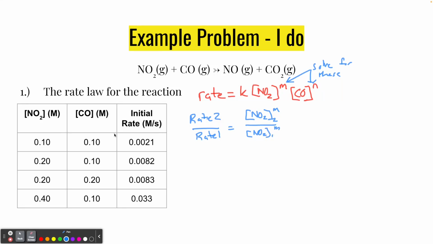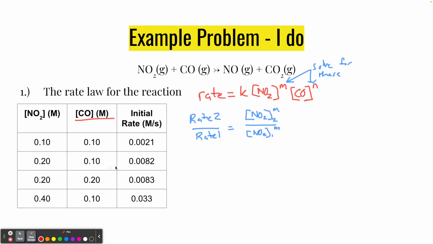So I can use this way, or I can evaluate the data table. So let's dive right into this. I think I'm going to do carbon monoxide first using the initial rates method, and then I'm going to worry about NO2 later. Okay, so let's do CO first.